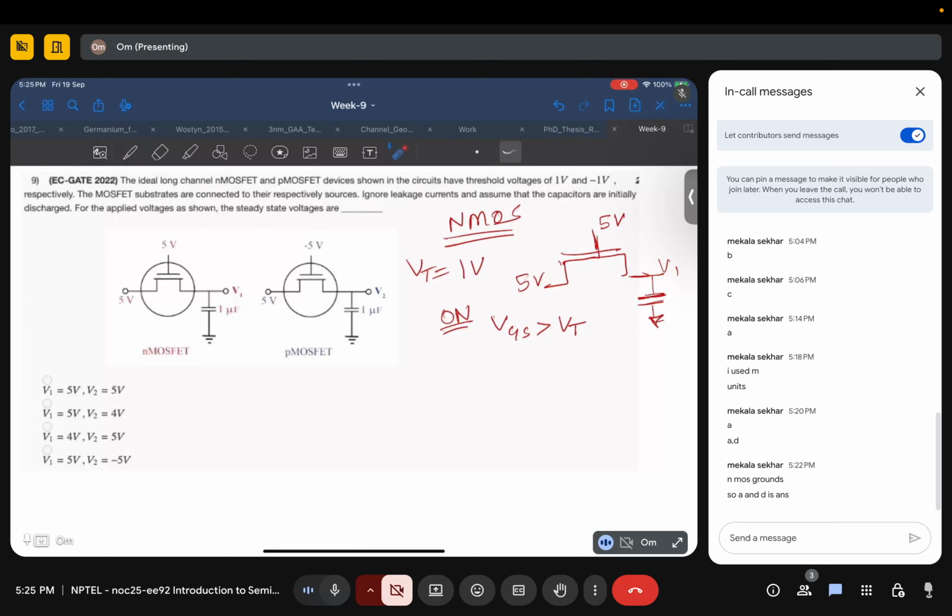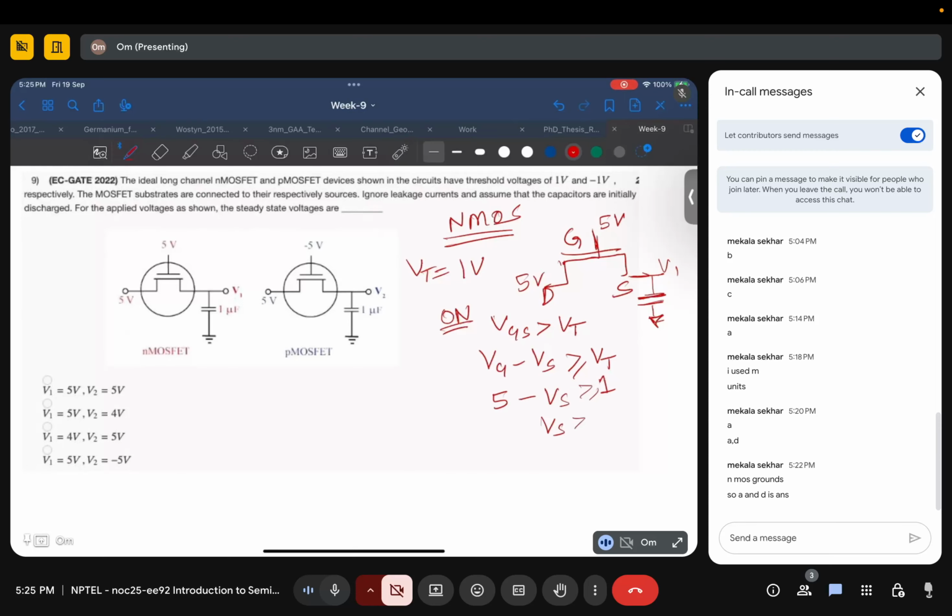So if this is source, this will not happen. So this must be the source, then only this VGS can maintain some difference, because here VGS is 0 if this is source. So this is drain, this is source, this is gate. So VG minus VS greater than VT. So 5 minus VS is greater than or equal to 1.